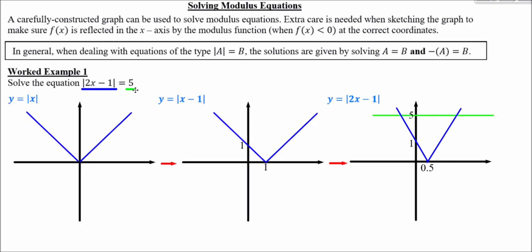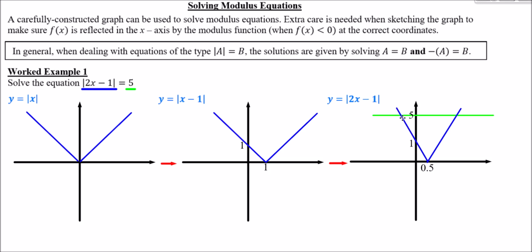So the two solutions are given by this point here and this point here. So hopefully you can see it's basically going to be where 2x minus 1, this is a graph y equals 2x minus 1. Where does 2x minus 1 equal 5? This point here, that's the graph of all this multiplied by minus 1.